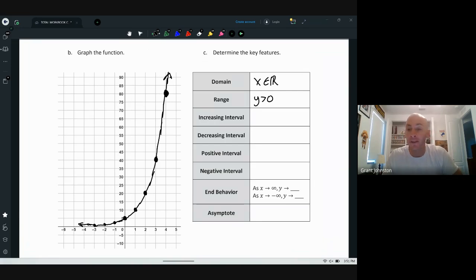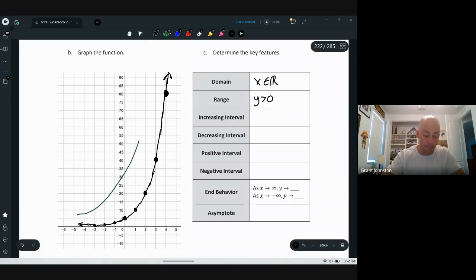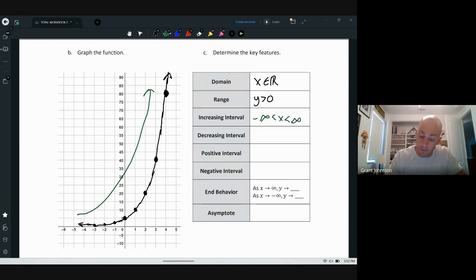The graph is increasing the entire time. Remember, we read it left to right. So I'm going to say from -infinity to +infinity, this thing's increasing. It's never decreasing. So none.